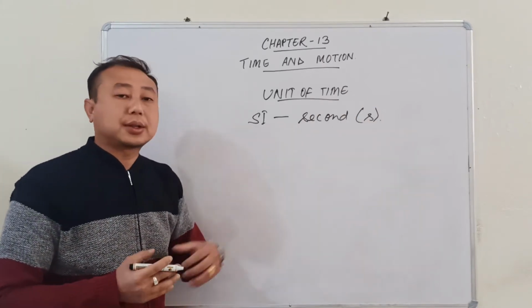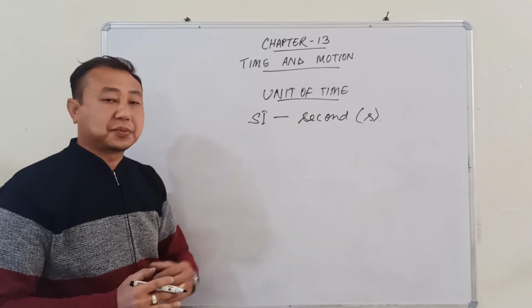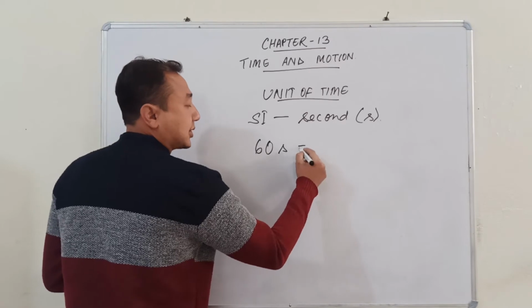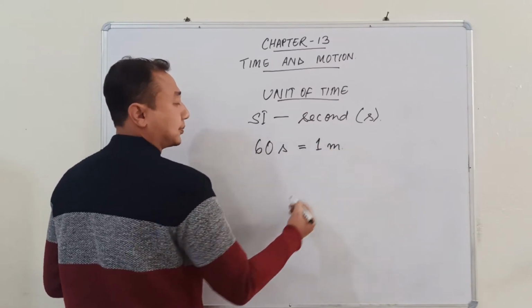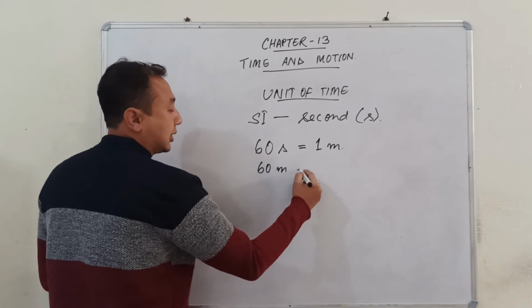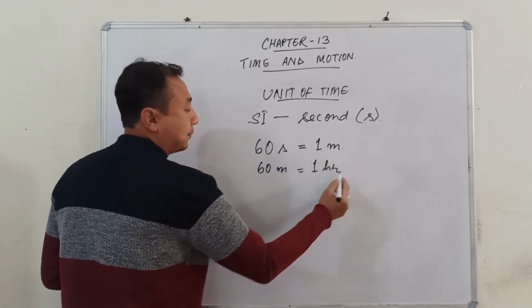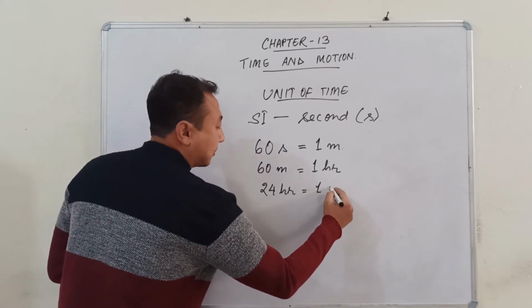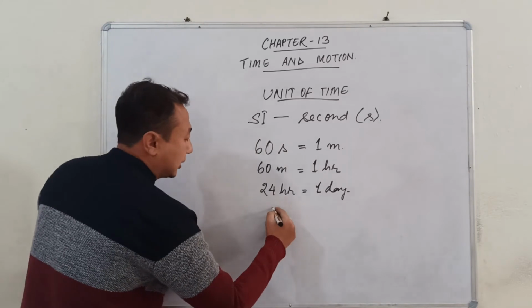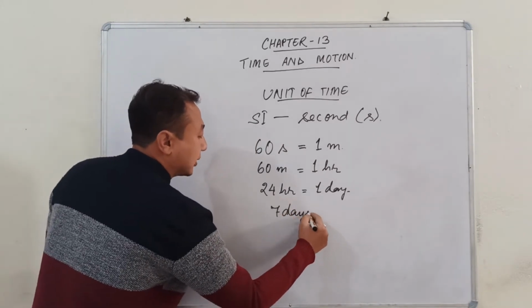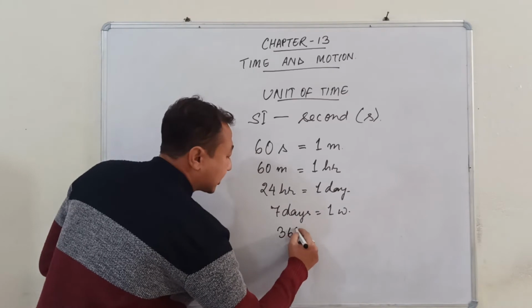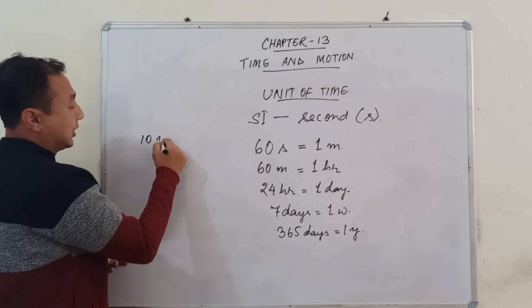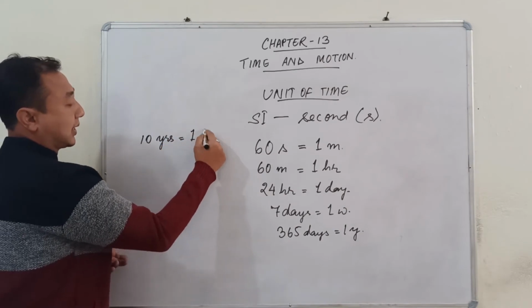Now let us see what are the other units of time and how they can be related with this SI unit of time. 60 seconds is equal to 1 minute. 60 minutes is equal to 1 hour. 24 hours is equal to 1 day. 7 days is equal to 1 week. 365 days is equal to 1 year. 10 years is equal to 1 decade.